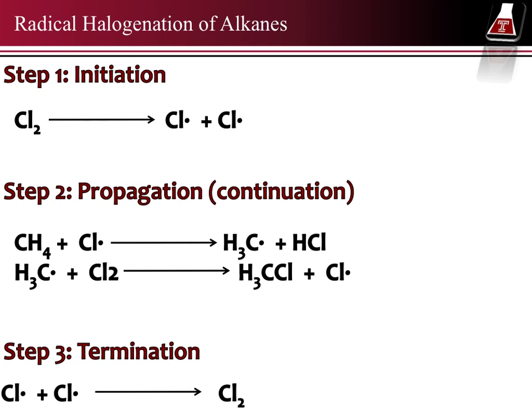But anyway, step one, you're going from a covalent stable structure to two reactive intermediates, two radicals. The propagation steps involve one covalent structure plus a radical going to a new radical and a new covalent structure, and then termination is the opposite of initiation, so you're going from two radicals to a covalent structure with the full octets.